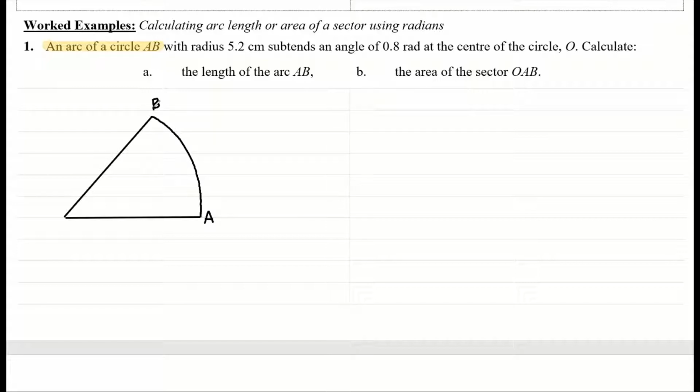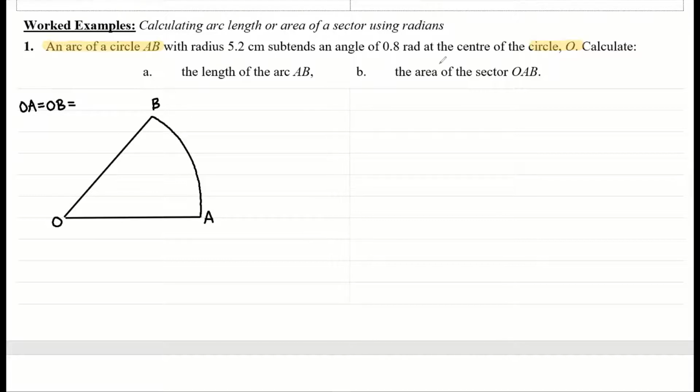If we look further along, because we know it's an arc of a circle, we can join the ends of the arc to the center of the circle, which is called O. So we can label this point as O here. That means the lengths OB and OA are the same, which is just a radius, which is given to us in the question.